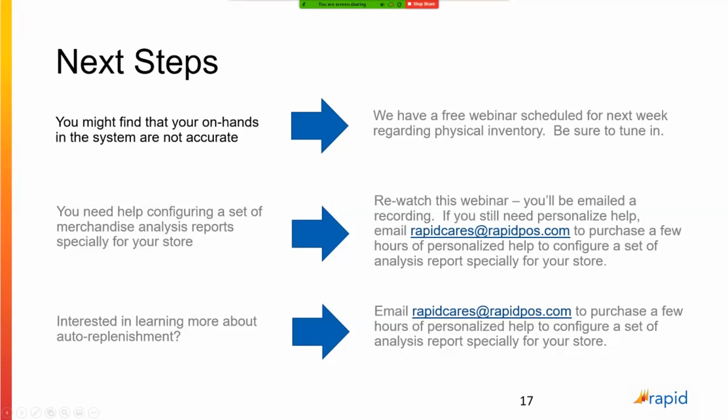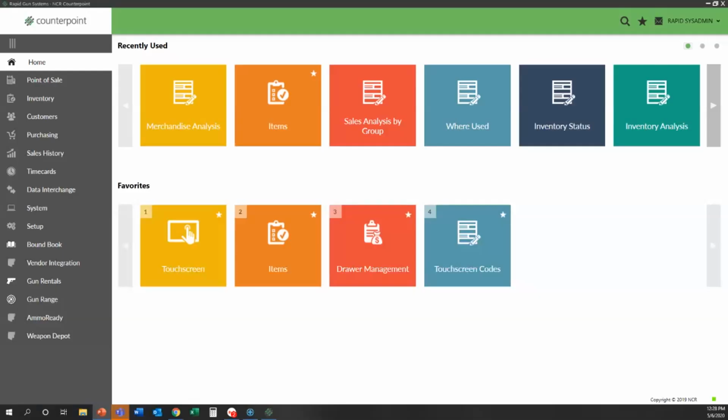And the same is true with the auto replenishment, just reiterating, again, that very much could be a topic in and of itself. If you would like more information on that, email into Rapid Cares. Let us know that you would like to have your auto replenishment configured. We can do a one-on-one and get you set up.